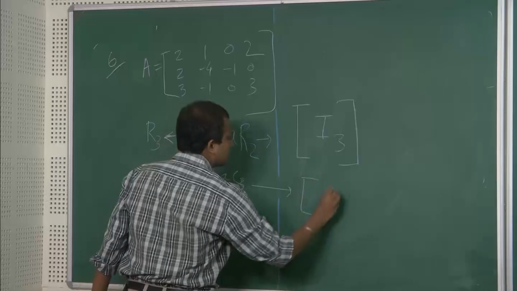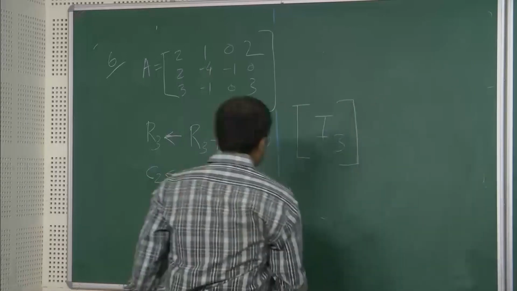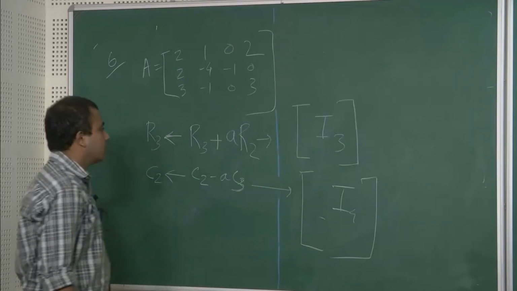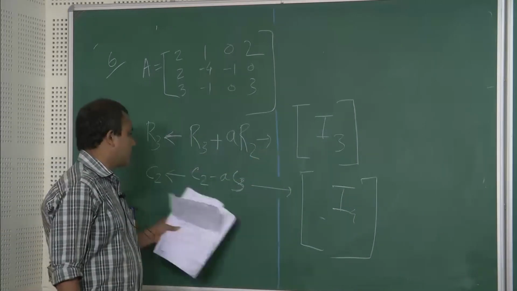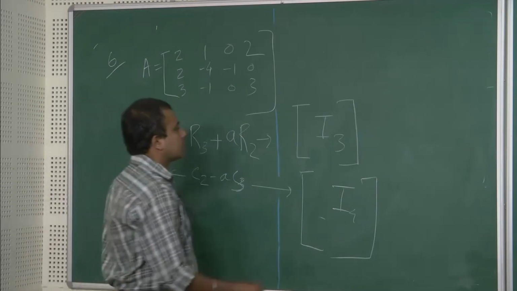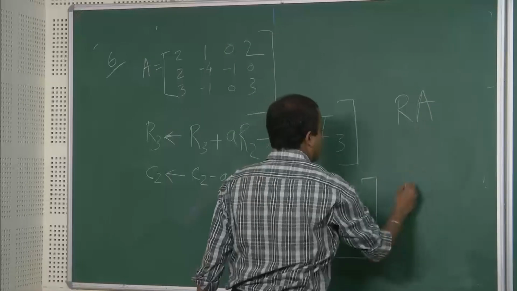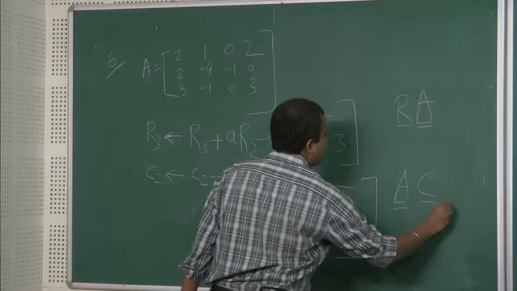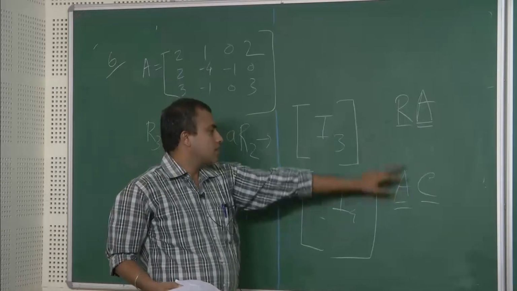For the column operation, I should perhaps give a bigger size, because you should start with I4, okay, because elementary matrices you can start with, and then on the second row of this I3, second column of I4, you can perform these operations, and you can verify later that one is R A and A C. In this case it has the effect of pre-multiplication, which means multiplying the rows, here it is the columns.